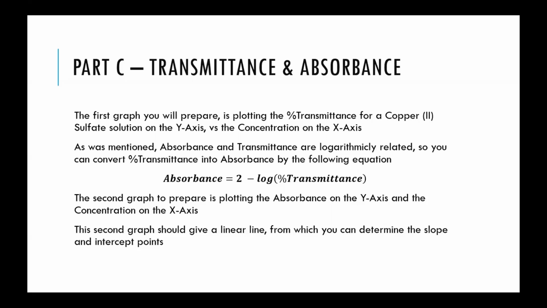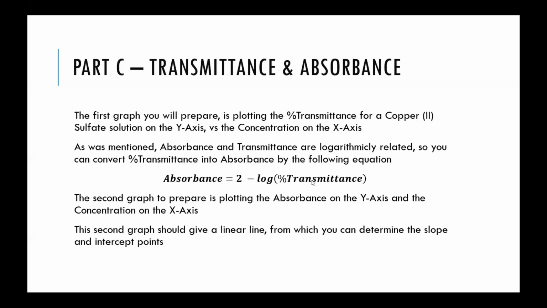Then you are going to convert the transmittance value into absorbance, and that is done through this equation right here. Again, these are not linearly related, they are logarithmically related. And you can see that when you graph the first graph and the second graph in part C. So to convert transmittance into absorbance, it is 2 minus the log of the percent transmittance value.